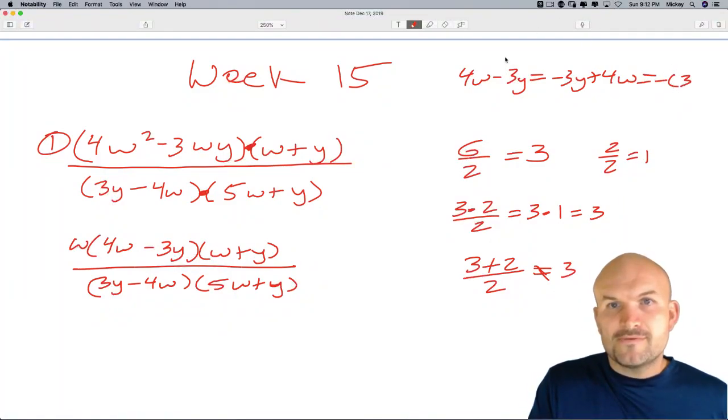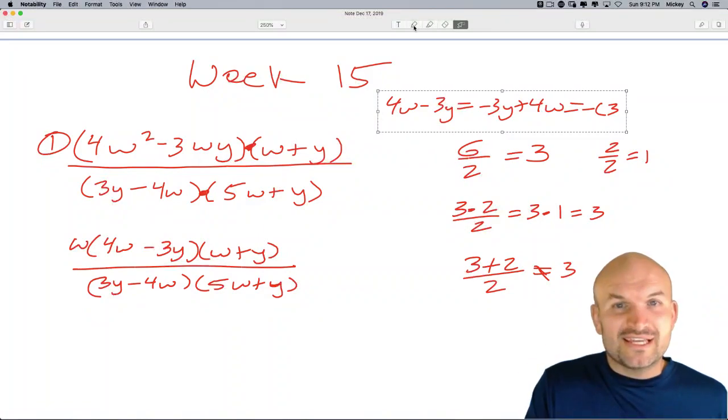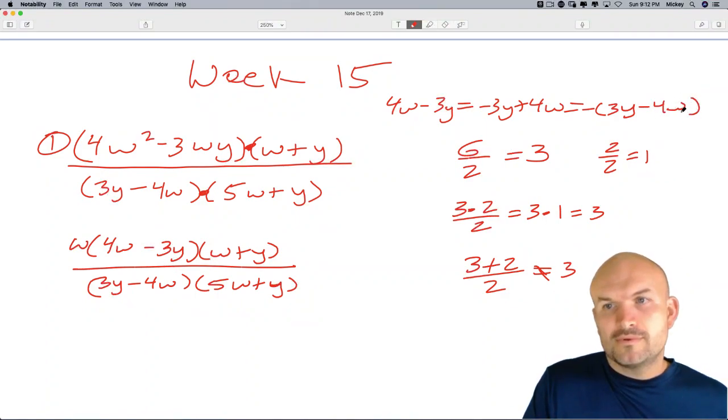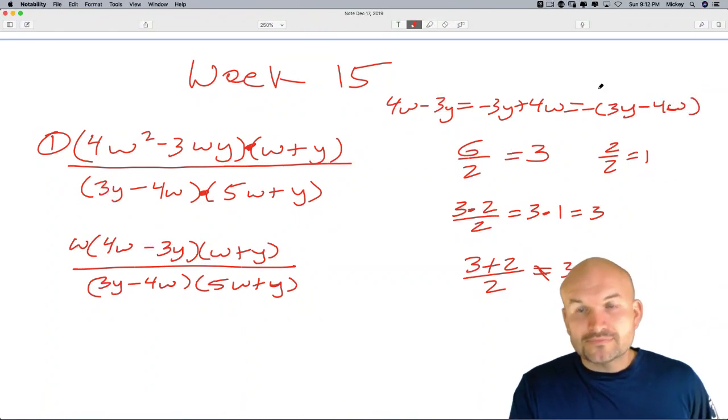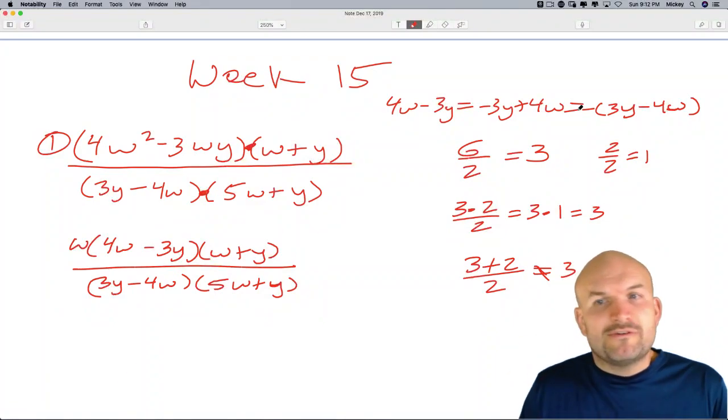I'm spending a lot of time on this problem, so I'm hoping my explanation makes sense, because it is a tricky problem. If I factor out a negative, I have 3y minus 4w. Now, you can probably ask, why would you ever do that, or why would you ever think to do that?